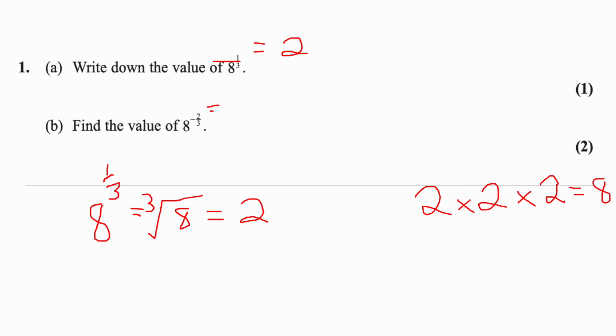Part B, write down the value of 8 to the minus 2/3. So this one's a bit more involved. Well, the minus, it becomes the reciprocal, so it's 1 over 8 to the 2/3. So the 2/3 here means that I take the cube root of 8 and then I raise it to the power of 2.